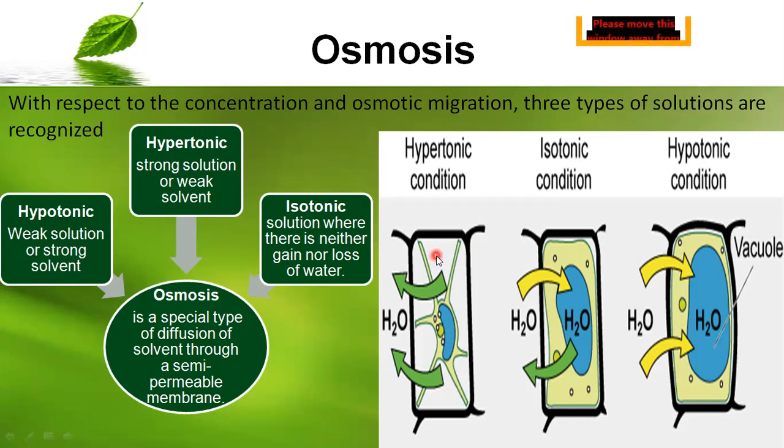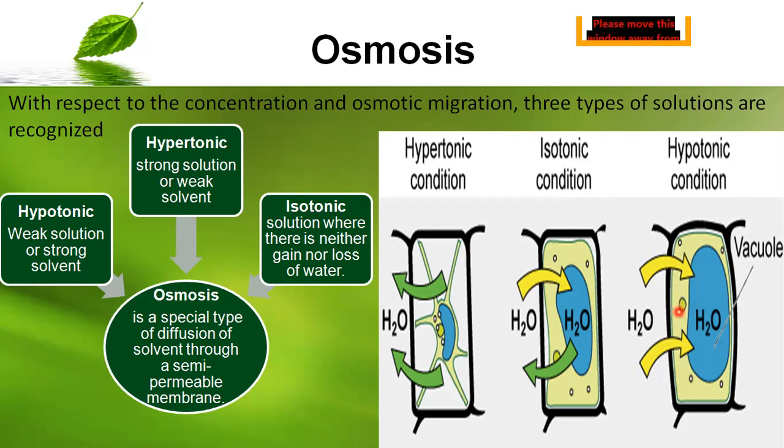Osmosis has three solutions. First, suppose we see the hypotonic condition. A hypotonic solution is a solution outside the cell that has a lower concentration of solute relative to the cytosol.